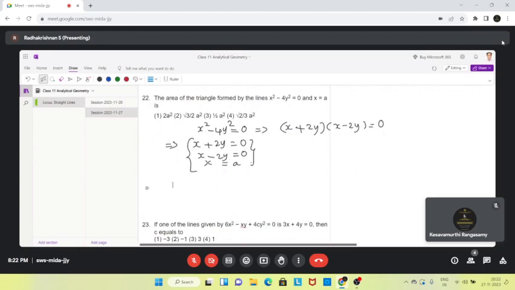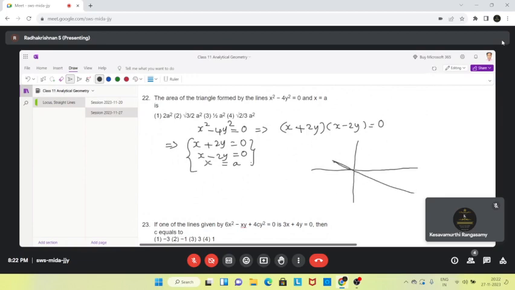To help us, we can simply draw it and see how it looks. For x plus 2y, the slope is minus half. That means it is passing through the origin, going like this.